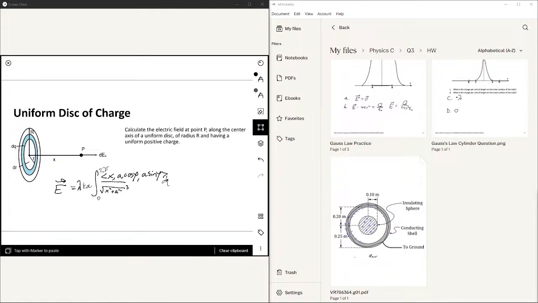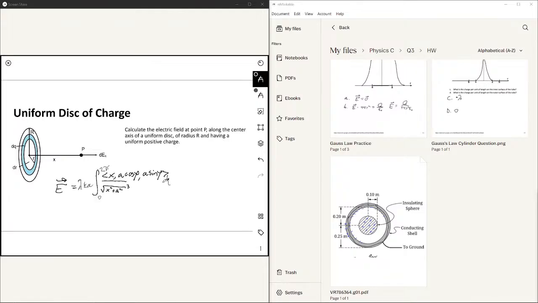Okay, so it's the same thing as before, but instead of lambda, we're gonna have a two-dimensional density. This is a pain to do. You know what? Check this out. It's not rho, it's sigma equals dq over dA.